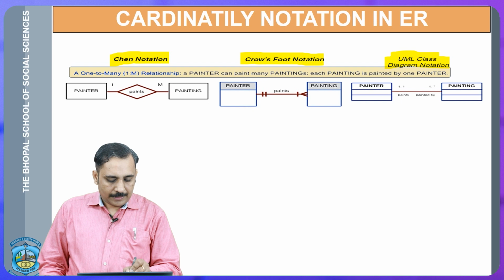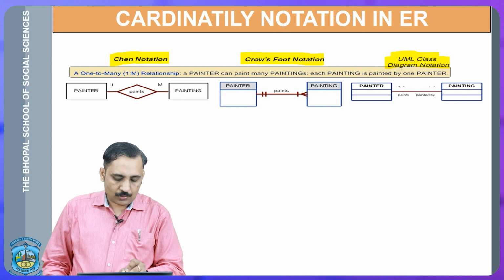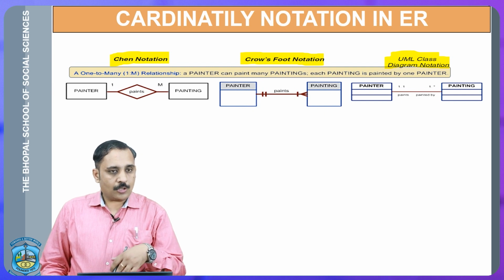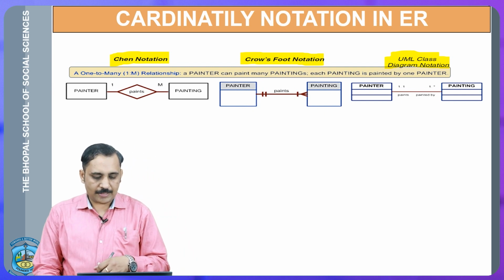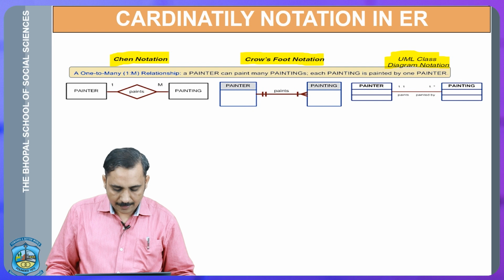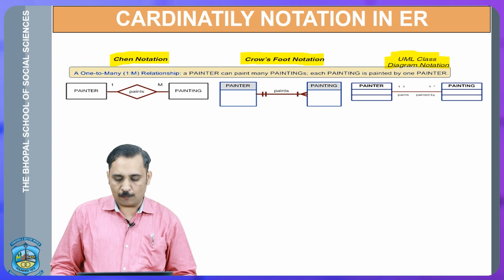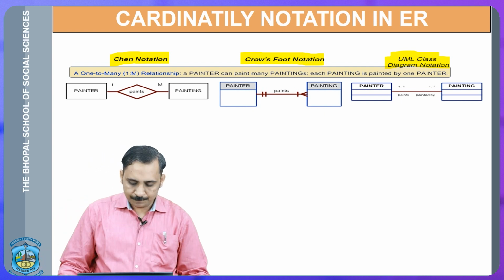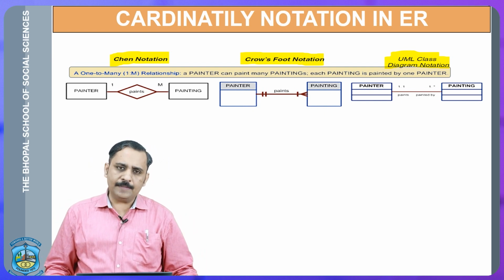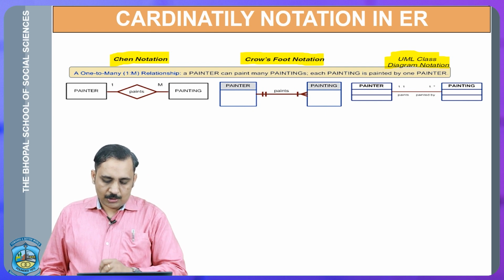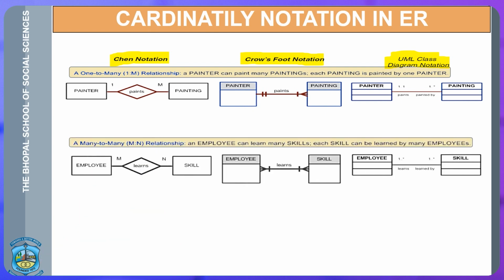Here all painters make some painting, so we show it with 2 dashes here and 1 dash with a Crowfoot kind of notation. That is why this diagram is called a Crowfoot diagram. Generally for higher order diagrams we use Crowfoot and UML class representation, but for basic understanding we generally use ER diagrams. It is represented in UML class notation like this.